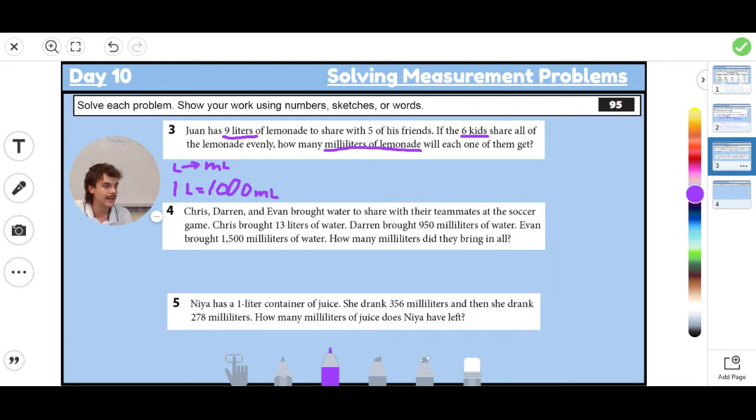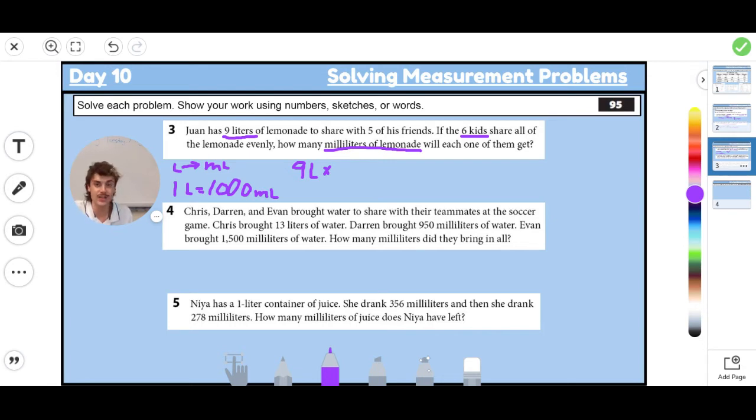So then that means that if I have 9 liters, I can multiply that by 1,000. That would be like if I drew 9 here, 9 liters would not equal 1,000 milliliters.